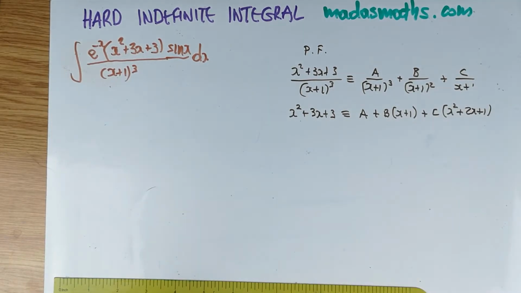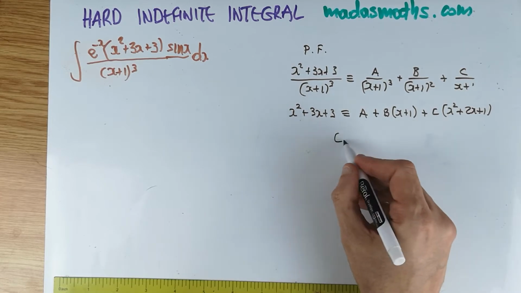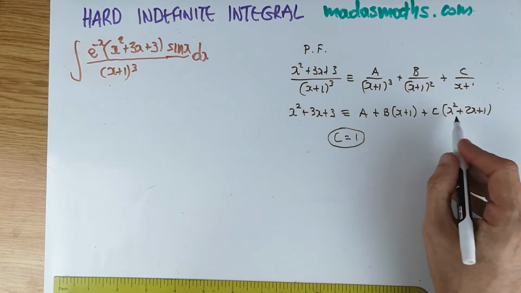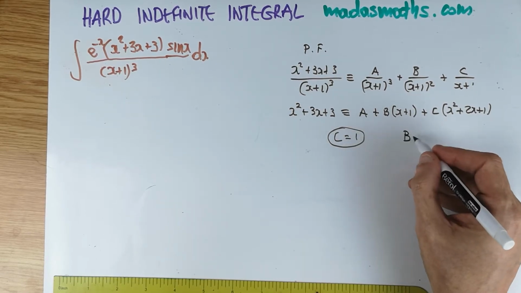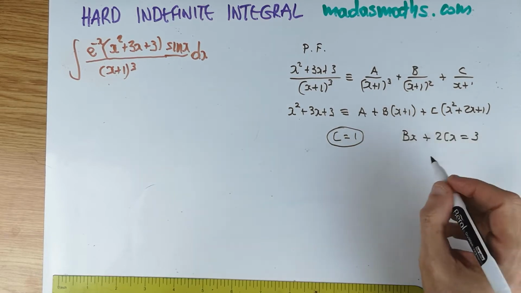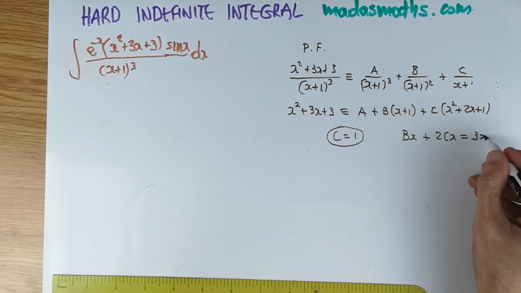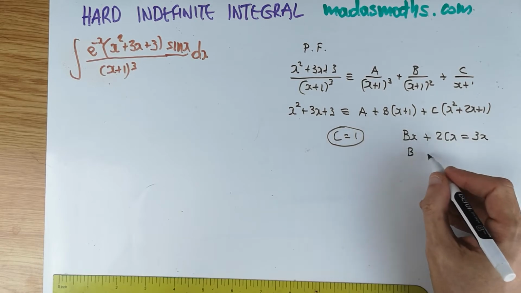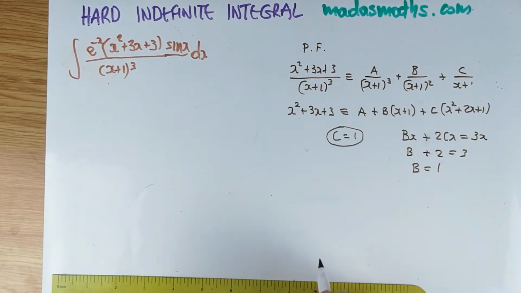If we look carefully, without writing much, c will be equal to 1 by looking at the x squared. The x bits will be bx plus 2cx, which is equal to 3x, so b plus 2 is equal to 3, which means b will be equal to 1.